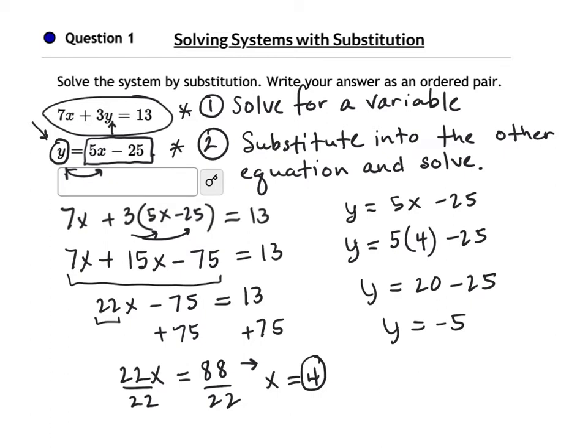Now you heard me say, it does not matter which equation you use. You'll get the same exact answer if you plug it in this top equation. You'll just have a little more solving to do is all. Our answer is always an ordered pair in alphabetical order: 4, negative 5. Enter that in your answer box and you're good to go.